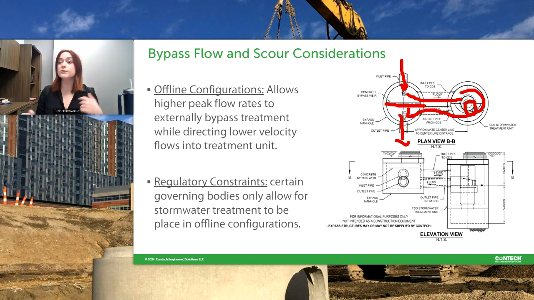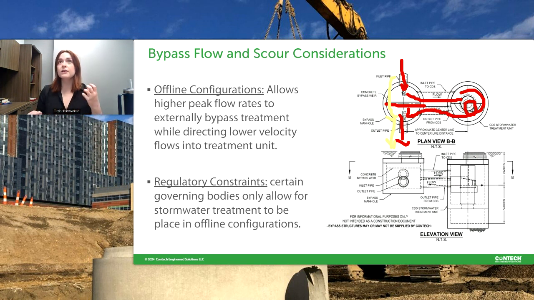But during those peak flow events, like Marko was saying, that 25-year flow, that 100-year flow or such, that's too much for this system to handle. So anything above that, we'll use a different color, is going to go over this weir and directly out of the system. But anything still under during that peak flow event is still going to be directed to our unit.